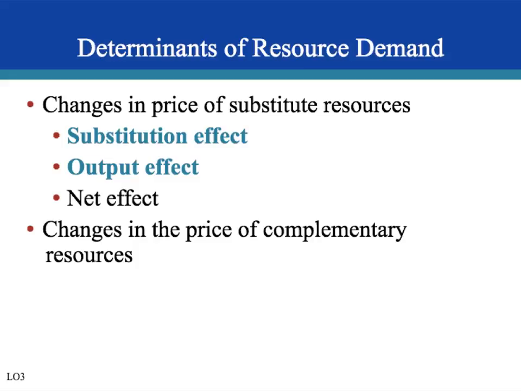Even with the price of the computer dropping, it still needs a unit of labor to operate it. However, there is an output effect. If the price of the computer drops, then production costs go down, output increases, and demand for computers and labor go up. So a drop in the price of capital shifts labor demand to the right.